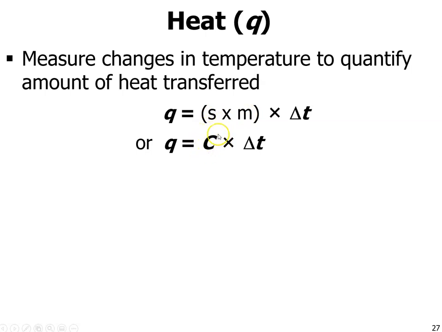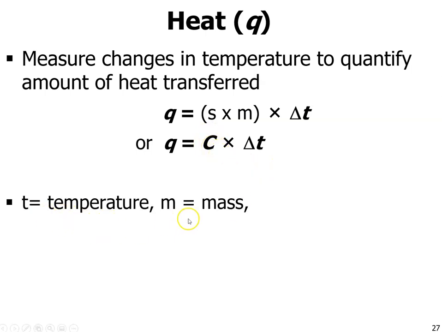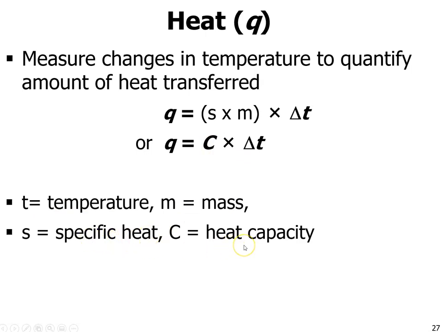Different objects are going to have different heat capacities. If I'm looking at lead versus gold versus silver, they're going to have different heat capacities. So these are the units: temperature, mass, specific heat, and heat capacity. These are the relationships between temperature, the temperature change, and the amount of heat that was transferred.